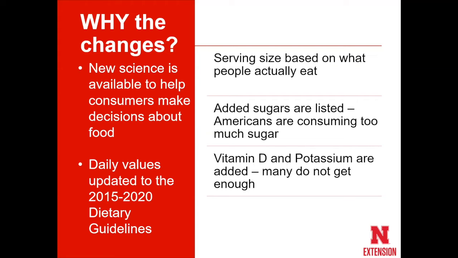The intake of excess sugar in the diet has been associated with chronic disease conditions like diabetes, some forms of cancer, and even heart disease. And the nutrients that tend to be lacking in American diets were also highlighted on nutrition facts labels now. And these are all based on the updated dietary guidelines.